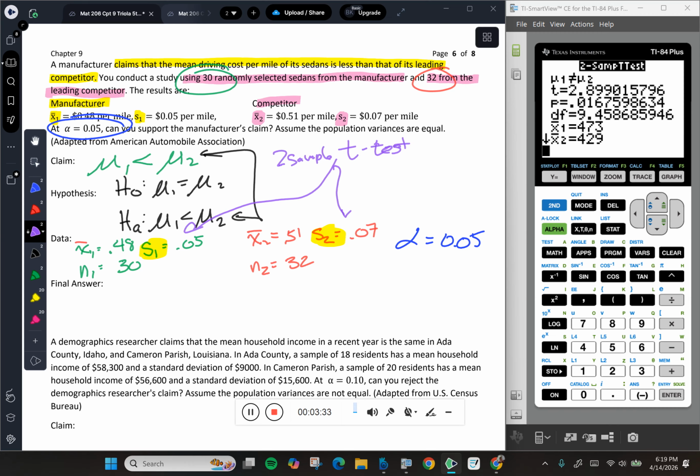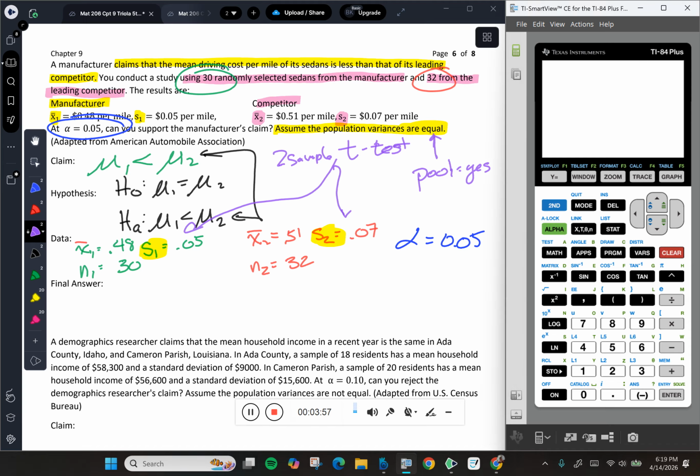When I calculate my standard deviation, am I pooling to get that or not? So let's look a little deeper. Right here, we're supposed to assume the population variances are equal. And because we're assuming that to be true, that means that we are going to pool, or on the calculator, pool equals yes.